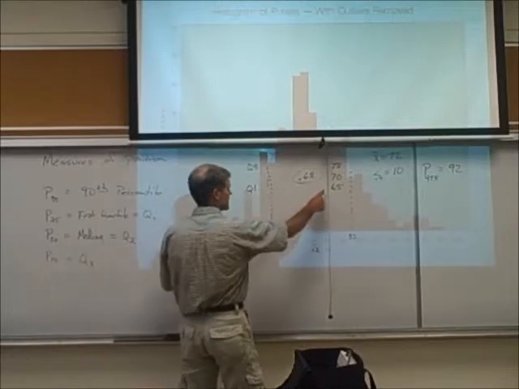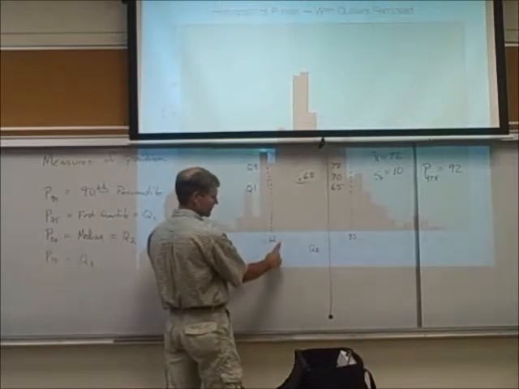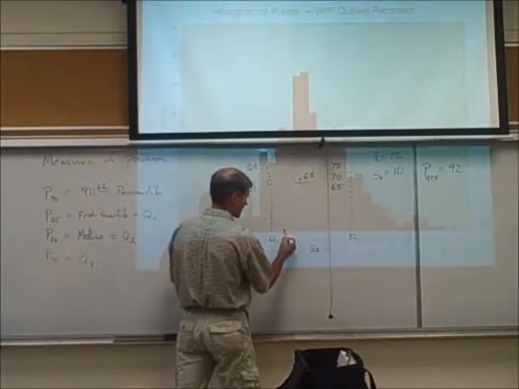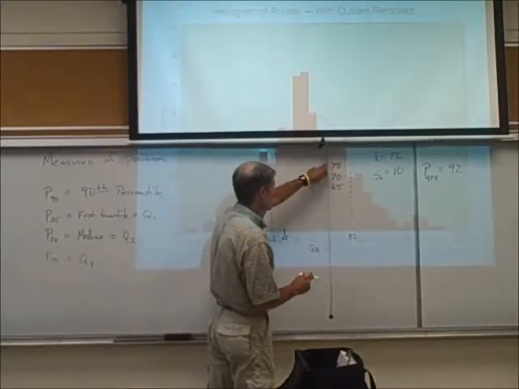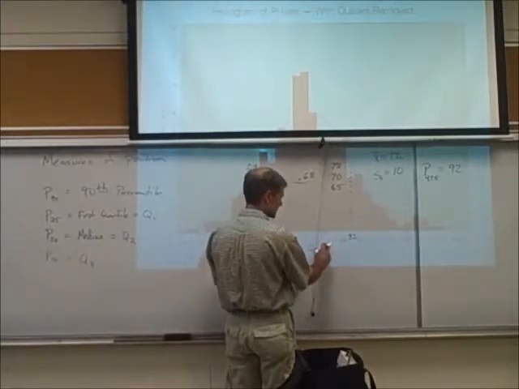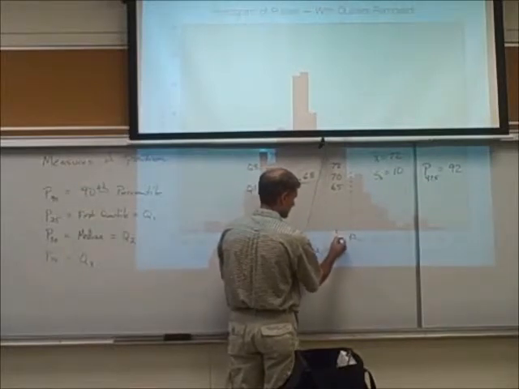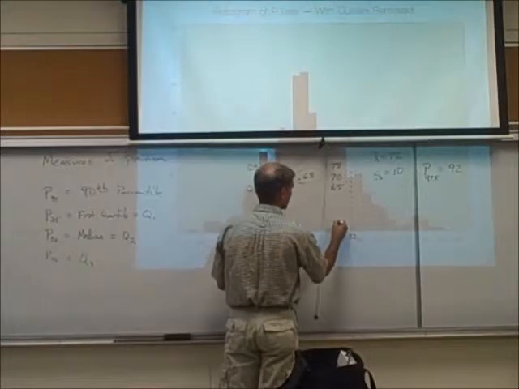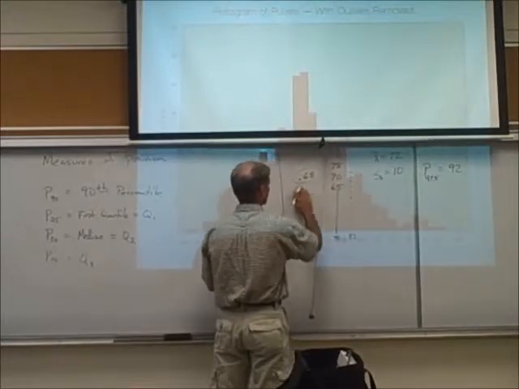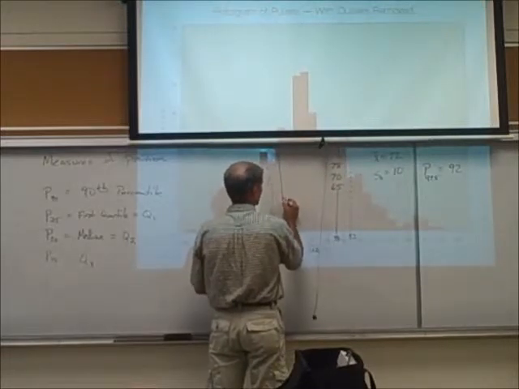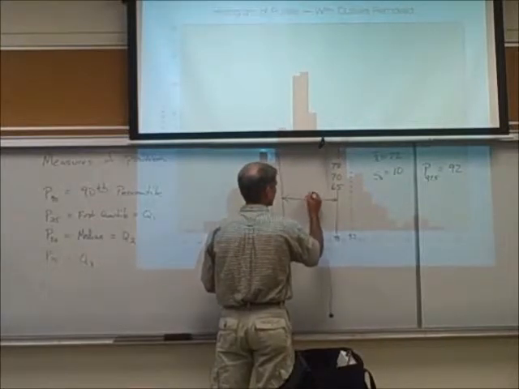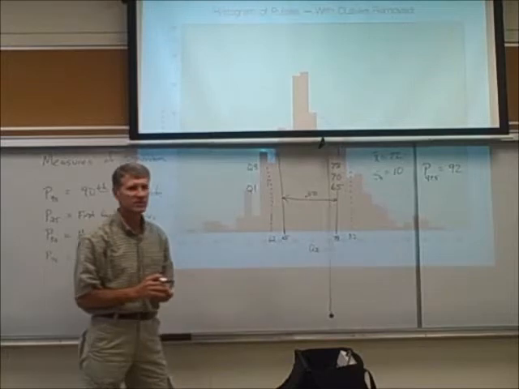And 65, there's 64, halfway would be 66, so 65 would be right there. And 78, this is 76, that's 80, so 78 is right there. So there are my quartiles, and half of the distribution is in between them.